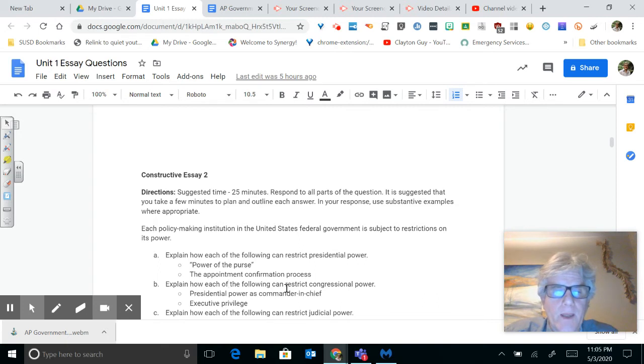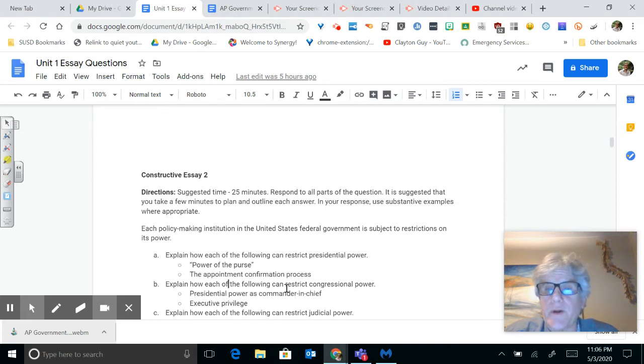If they're very qualified, they'll approve them. Now, explain how each of the following can restrict congressional power. Presidential power as commander-in-chief: Congress has the power to declare war and the power to make rules for the Army, Navy, and the militia, but as commander-in-chief, the president can and has committed troops to the Vietnam War, the Korean War, Grenada, Iraq, the Persian Gulf War, and the War on Terror.